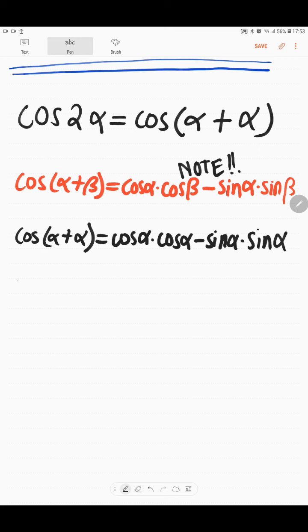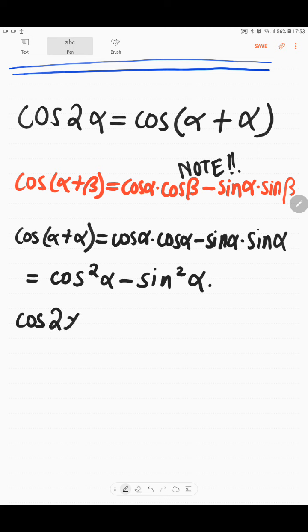And so from here, it will be looking something like this: cos squared alpha minus sin squared alpha. And now this one is an interesting one, because then we can write it in the following manner: cos 2 alpha is equal to cos squared alpha minus sin squared alpha.